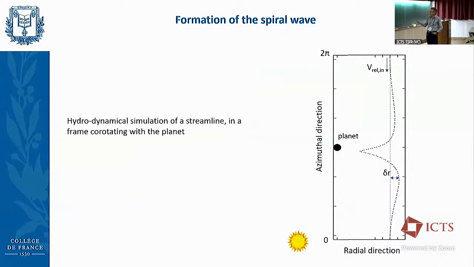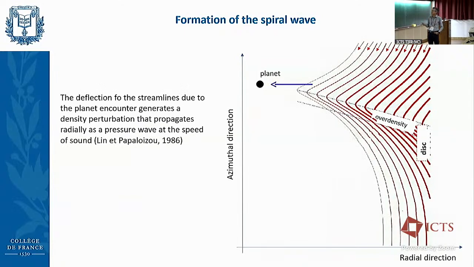But what is important to note is this deflection of the fluid element due to the encounter with the planet. As a result of this deflection, you have a compression of the gas, which creates an overdensity here where the streamlines are bent, from this sketch.